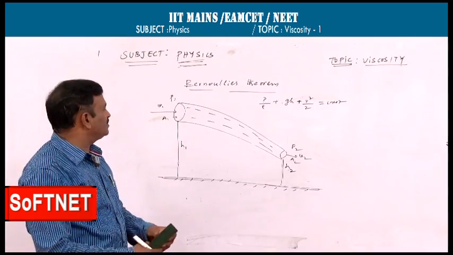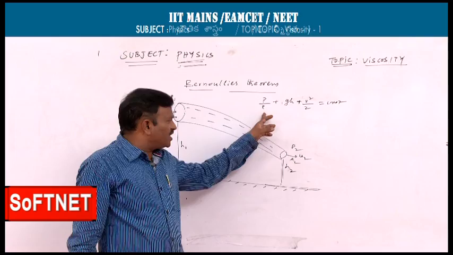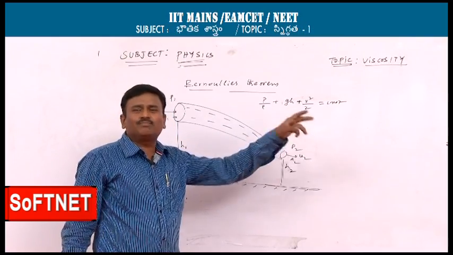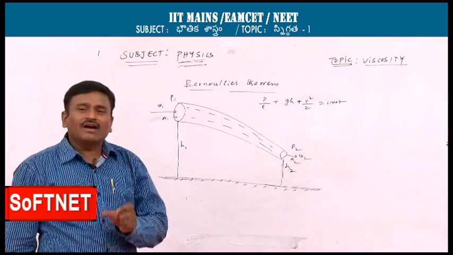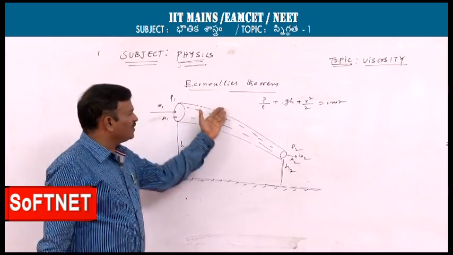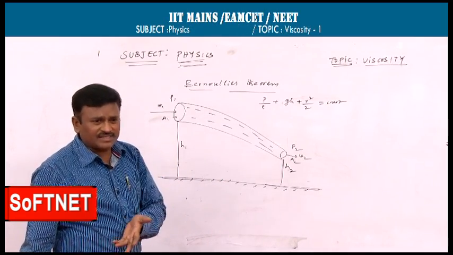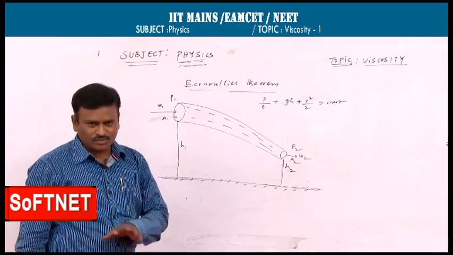That is the statement of Bernoulli's theorem. Let us see how we get this expression and how we use it for solving numericals, and we will take later examples also.